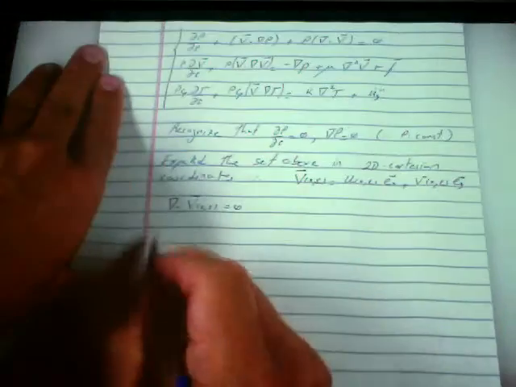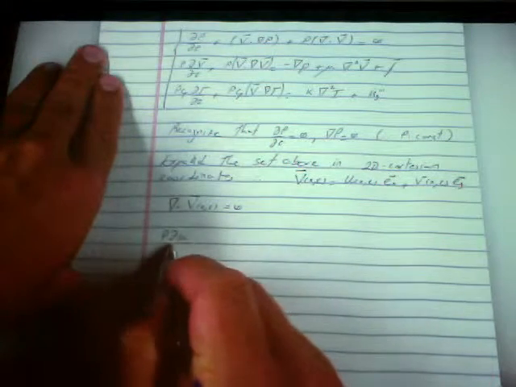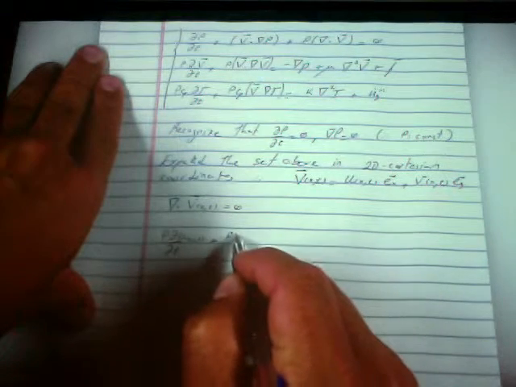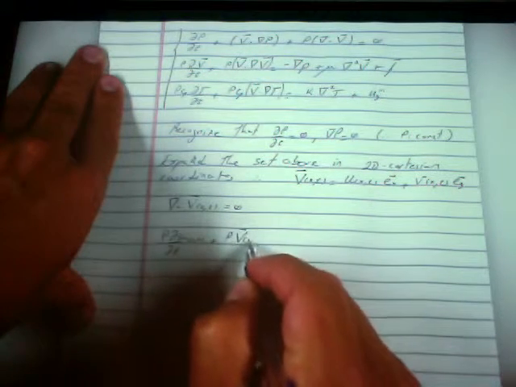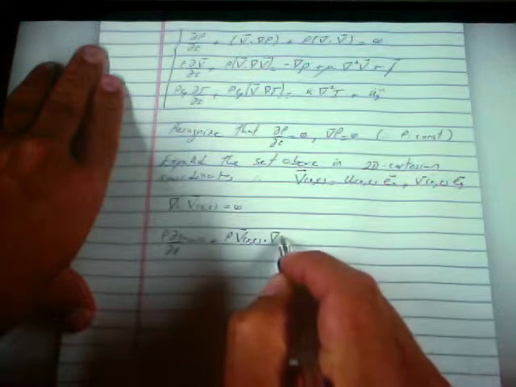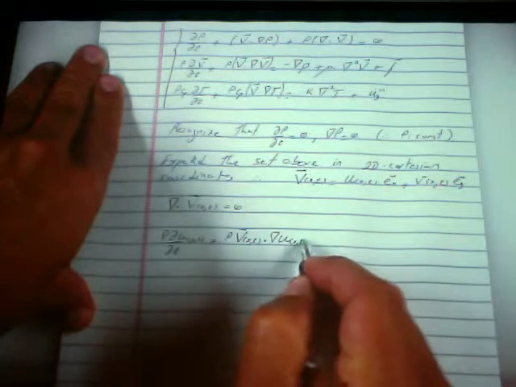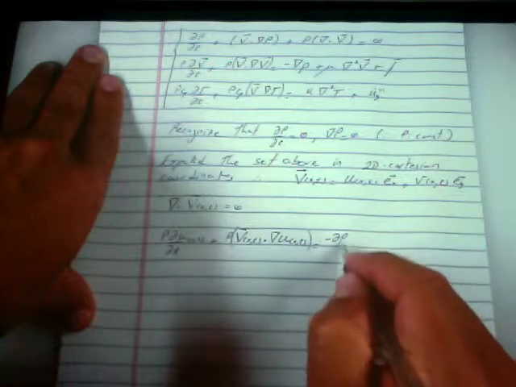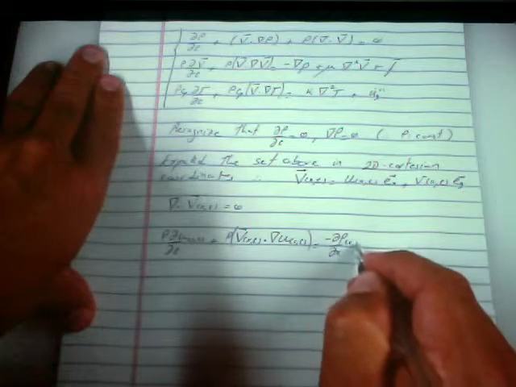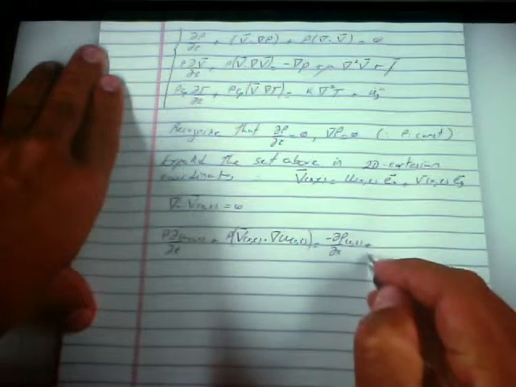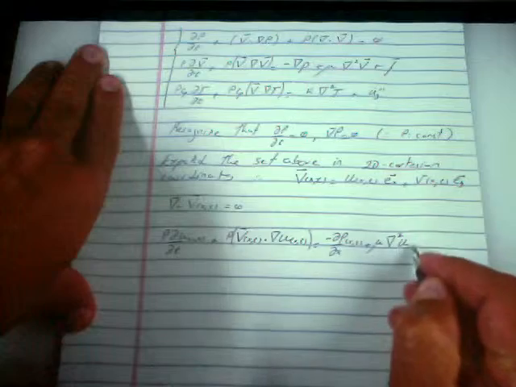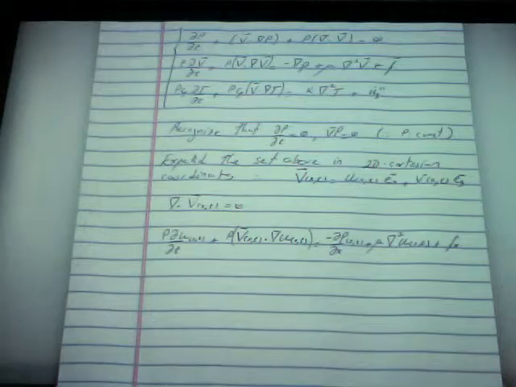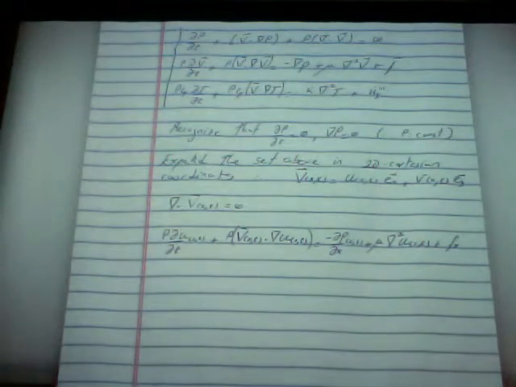The second equation is going to be rho du dt plus rho V dotted into the gradient of u is equal to minus dp dx plus mu, the Laplace of u of x and t plus fx, the x component of that body force.